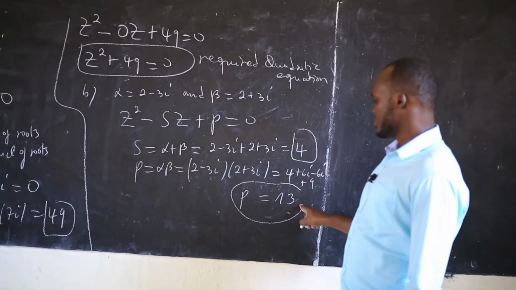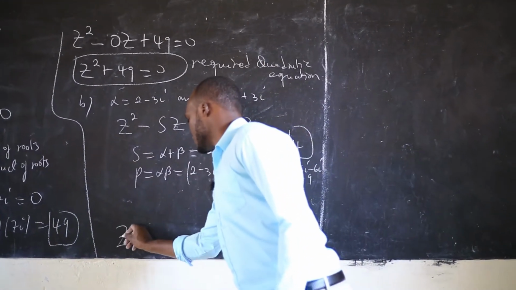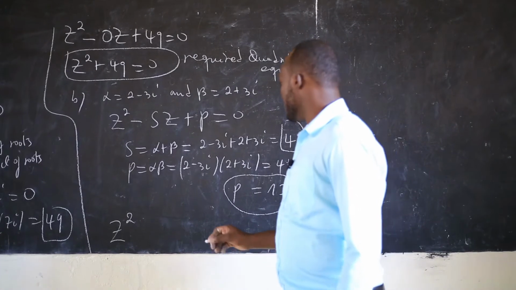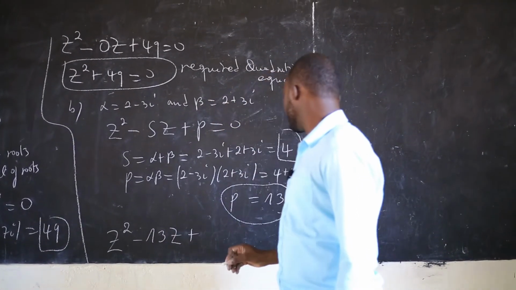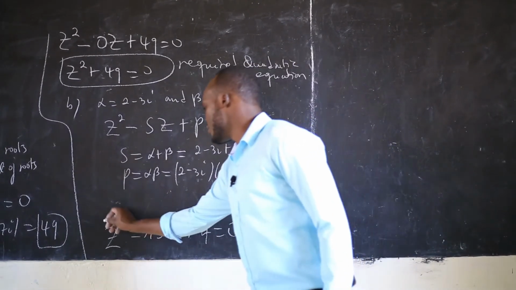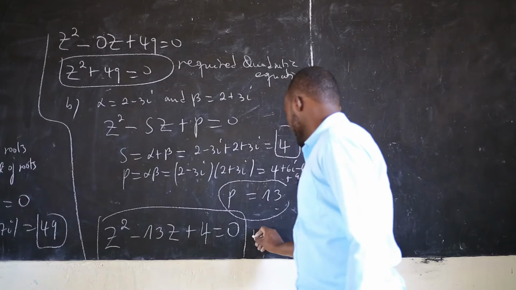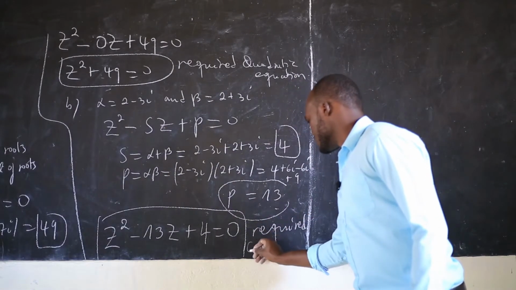So with the product equal to 13, our quadratic equation is z squared minus 4z plus 13, which is equal to 0. This is the required quadratic equation.